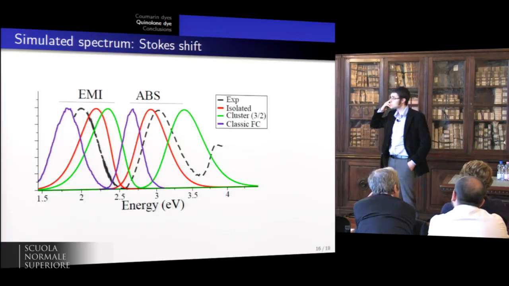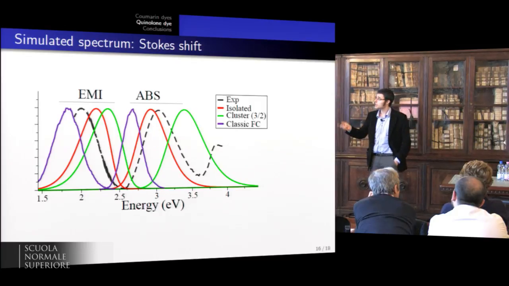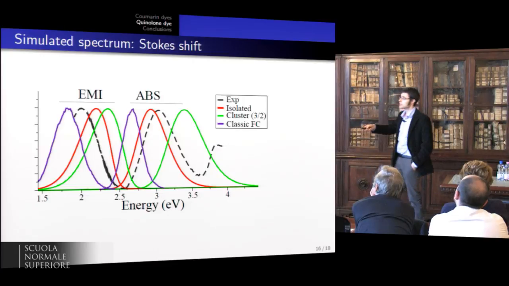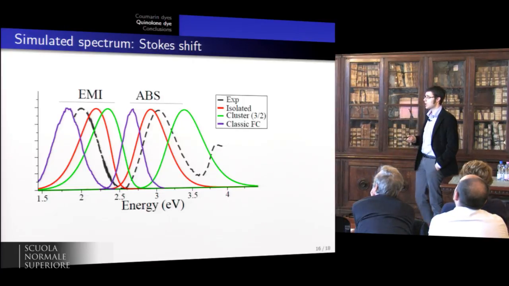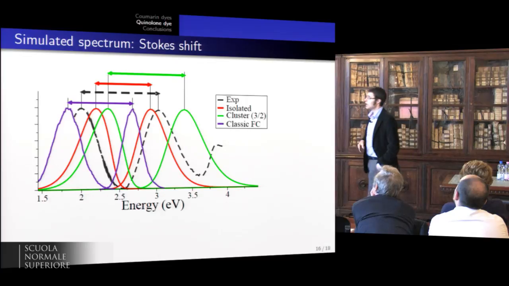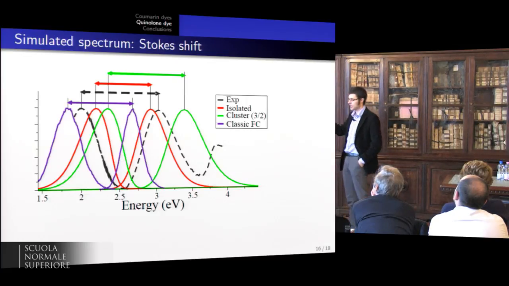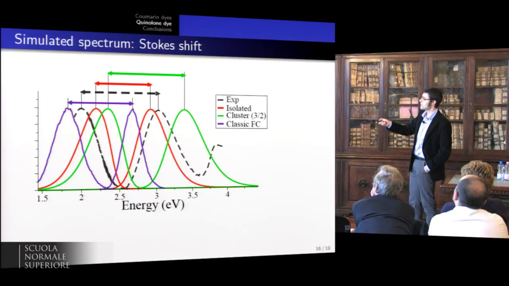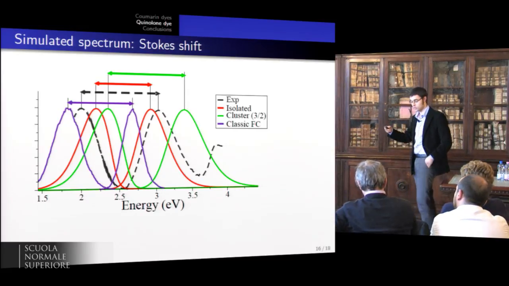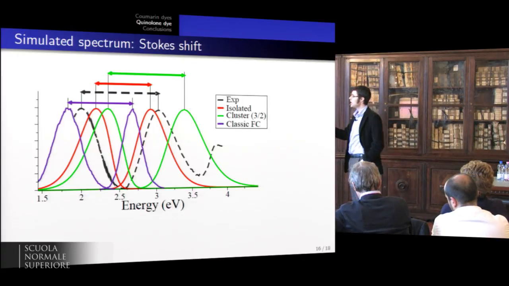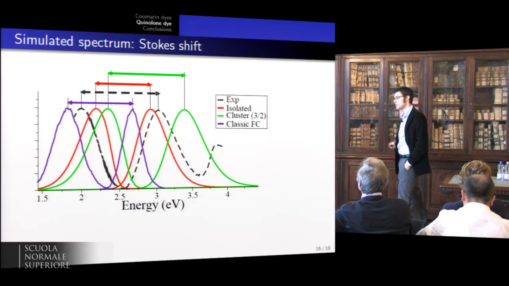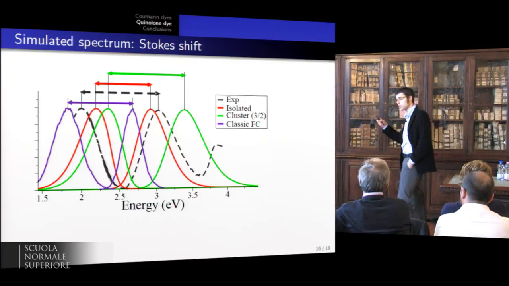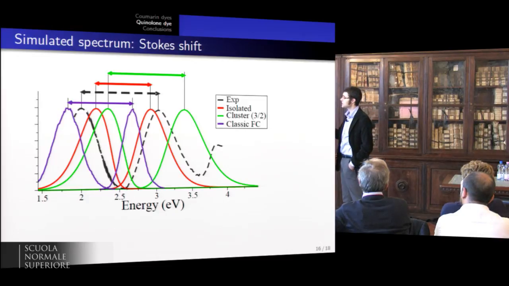So let's go briefly with the results. Here I start with the Stokes shift, because in this case we observe that using the cluster model actually helps us to compute the experimental Stokes shift. Here we have the experimental one. We have included also the classical Franck-Condon spectra taken from the snapshots in the ab initio molecular dynamics, and the one with the cluster with 3 and 2 water molecules, as I said before, and with the isolated molecule.